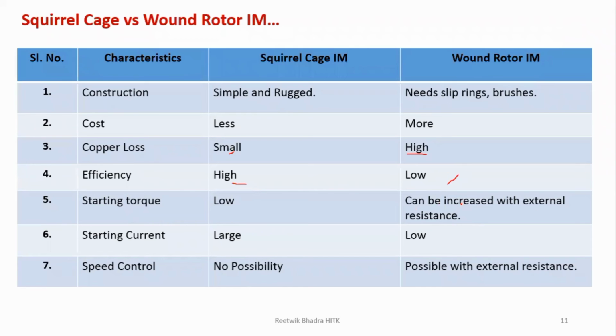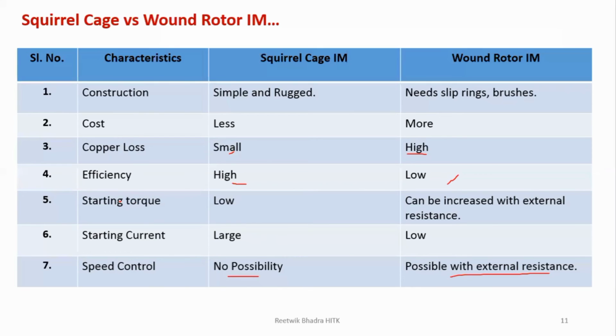How it depends, we will understand in later classes. Starting current is large in the first, and low in the second. Why low? Because we are adding external resistance, so the total resistance of the circuit increases, and obviously starting current will be low. And speed control: there is no possibility in the first, but it is possible in the second because we are adding external resistance.